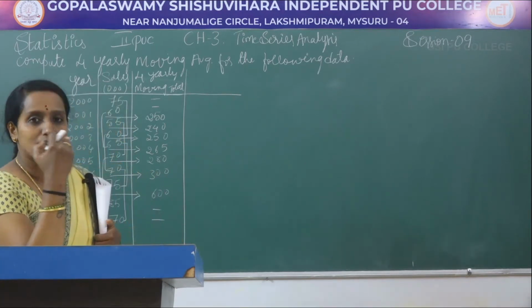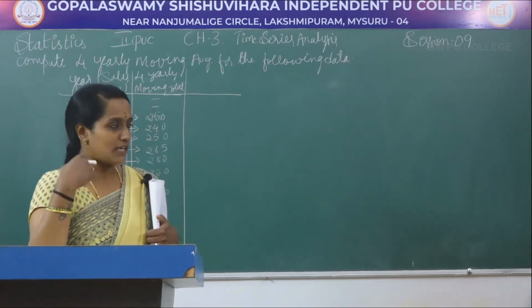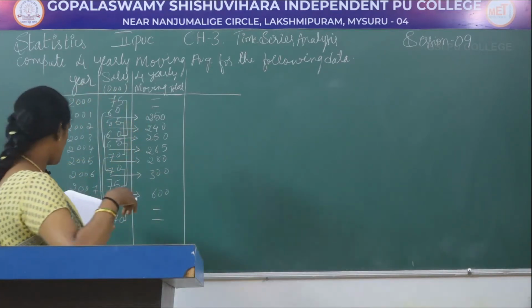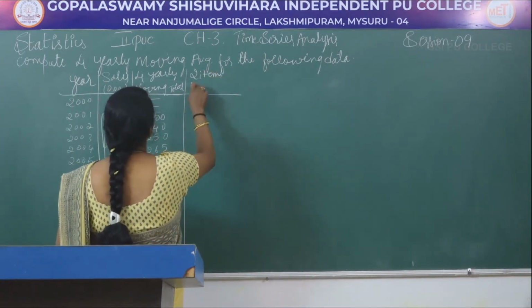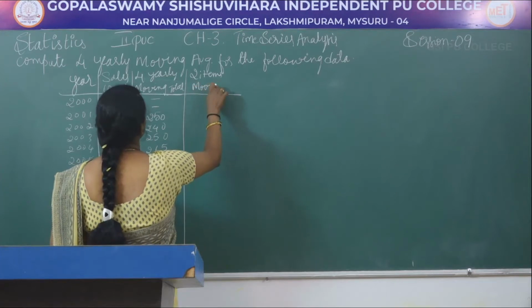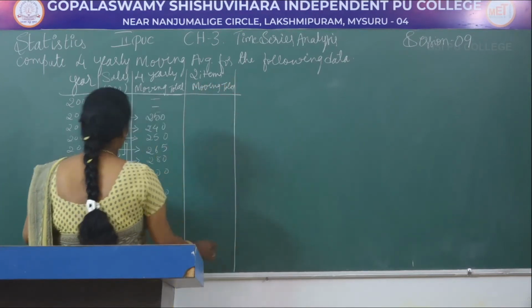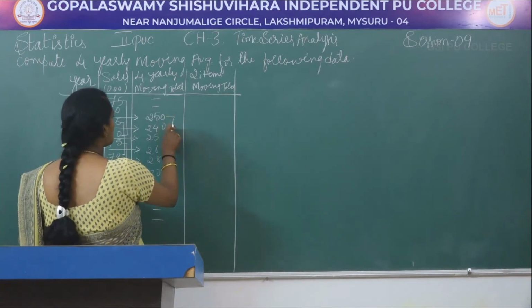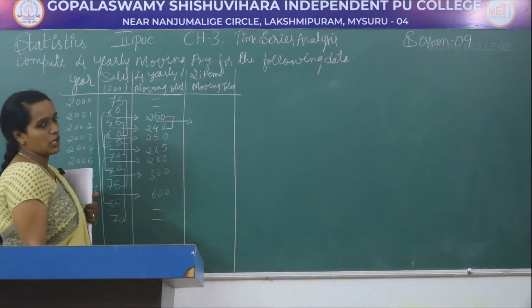But in 4 yearly moving average, after adding the 4 numbers, next is the 2 items moving total. That is, we have to add 2 numbers and write that with the position in the middle of that.